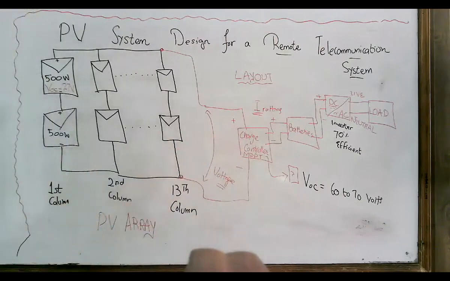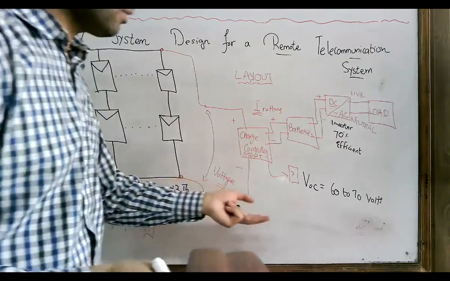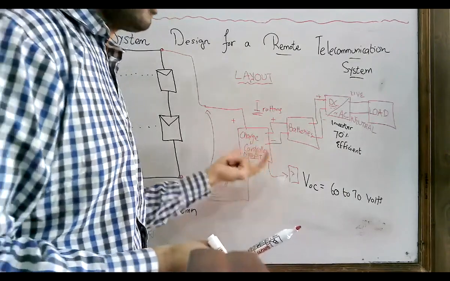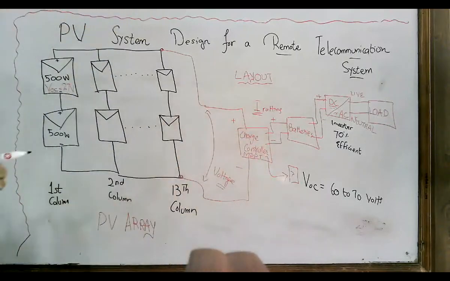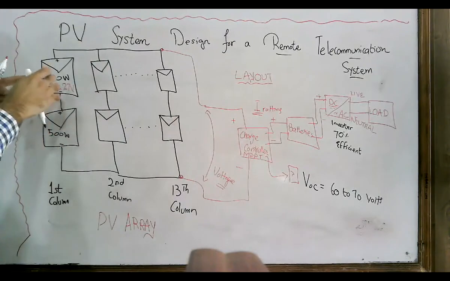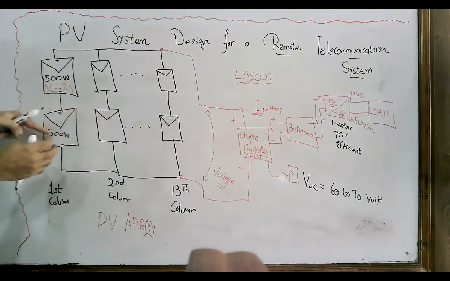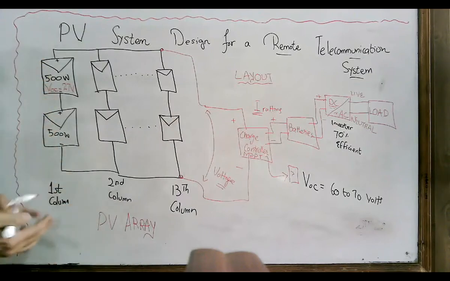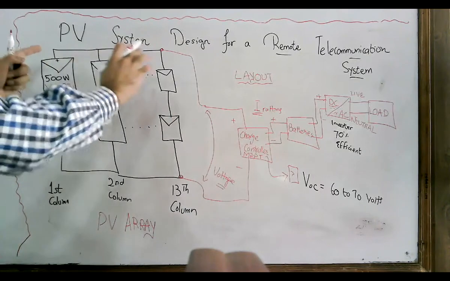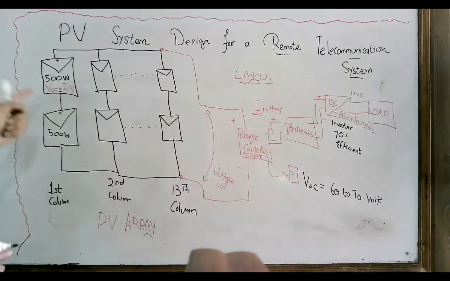Now, one more thing. It entirely depends on whether you are going to have that required charge controller in the market or not. If not, then it is not necessary that you connect two PV modules in a column. You may connect 3, you may connect 4. But whatever you do, your matrix must be symmetrical.